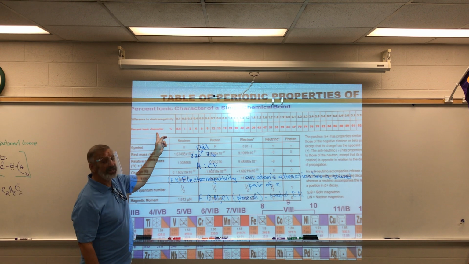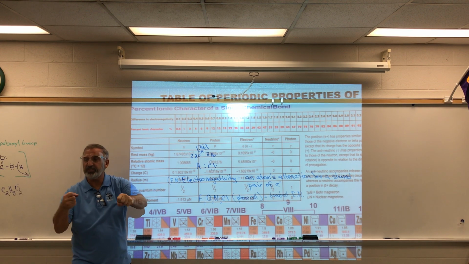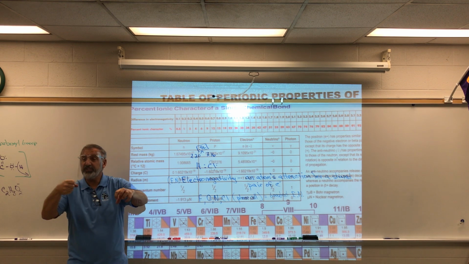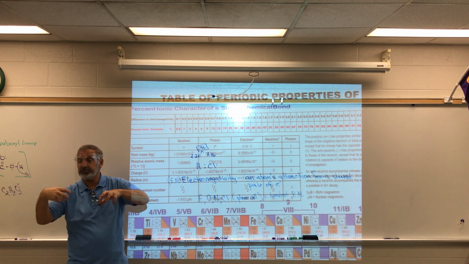Then this is the percent ionic character. How uneven is the sharing? The greater the percent ionic character, the more uneven the sharing is, the more unevenly distributed the electrons are.